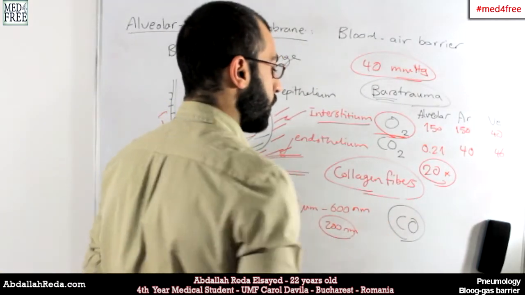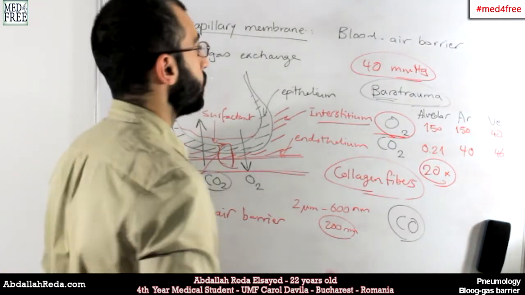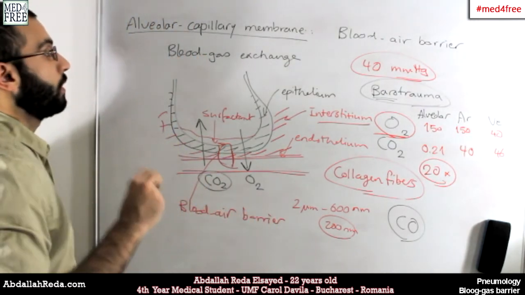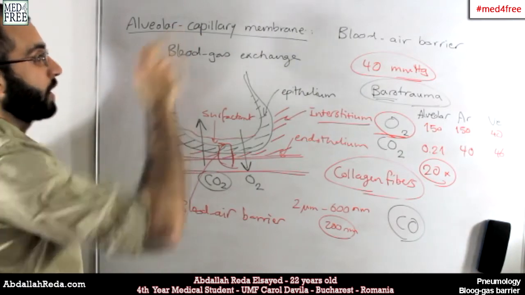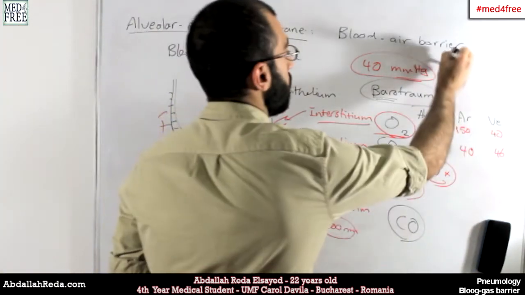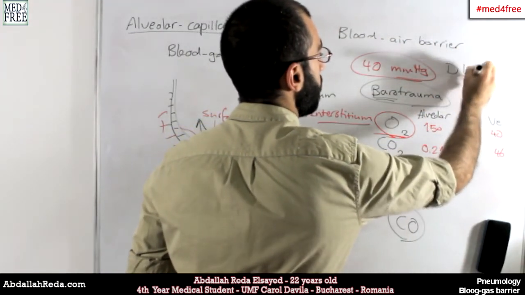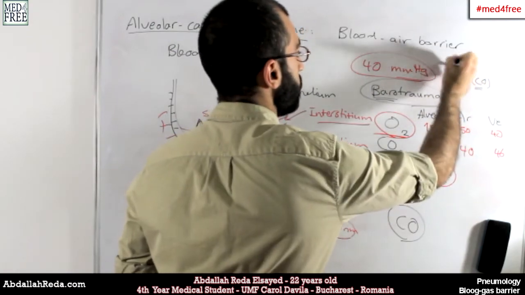But carbon monoxide, for example, is used in a test in order to assess the capacity of the alveolar capillary membrane, or the diffusion capacity of the lungs. It's called DL carbon monoxide diffusion.